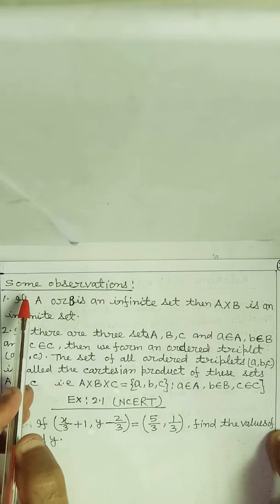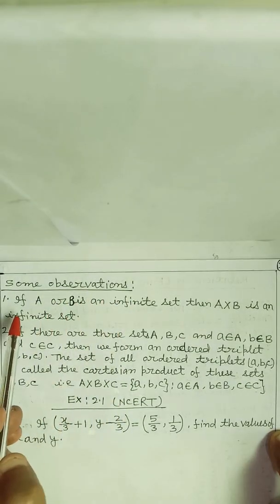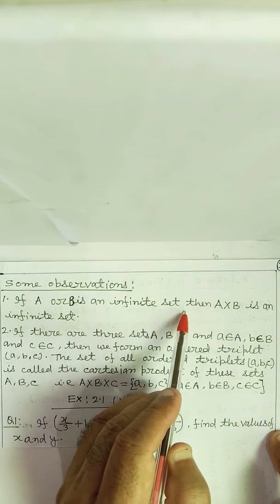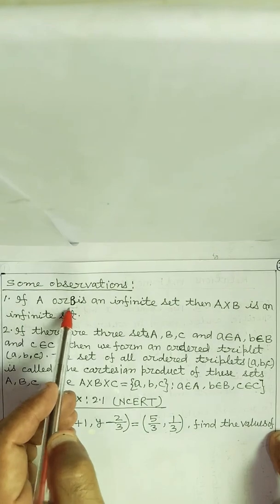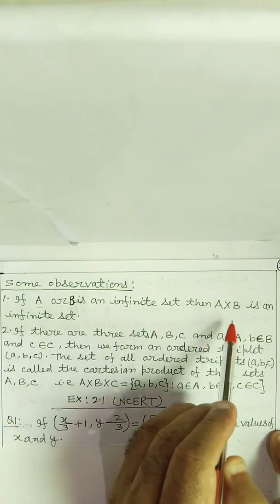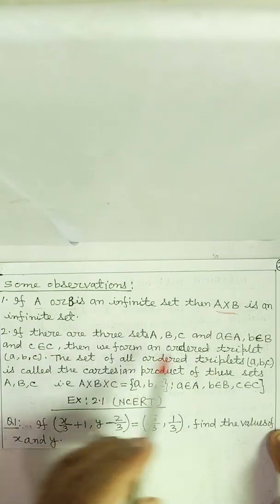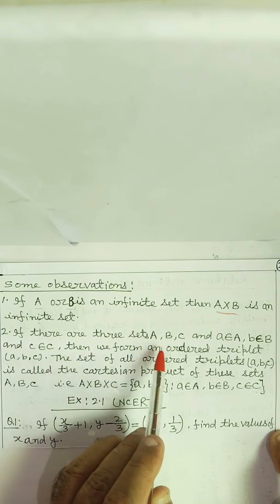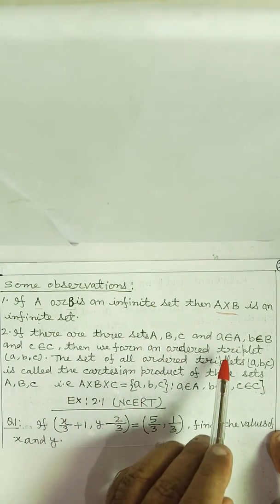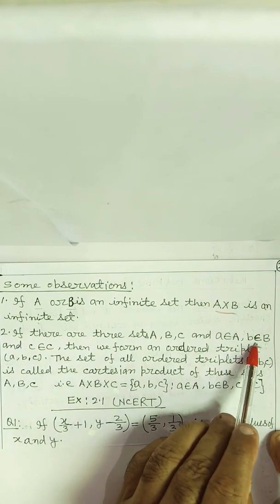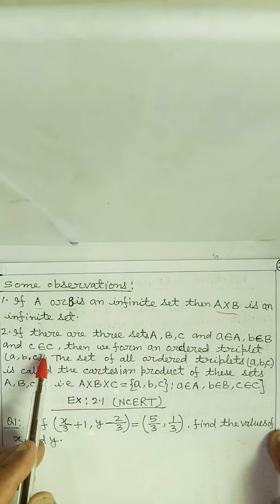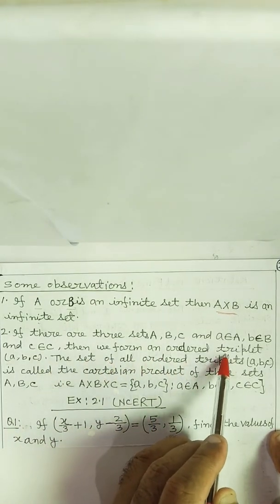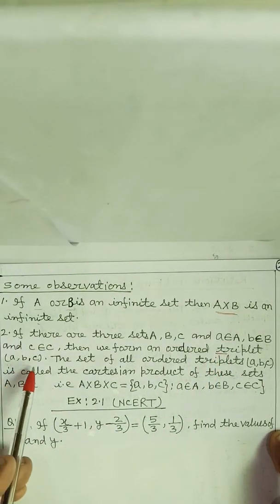Now we discuss some observations. If either A or B is an infinite set, then A cross B is an infinite set. If there are 3 sets A, B, C, and a belongs to A, b belongs to B, and c belongs to C, then we form an ordered triplet, not ordered pair, ordered triplet (a, b, c).